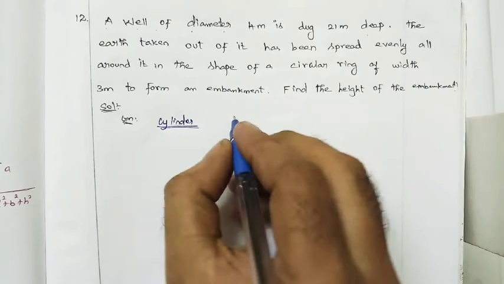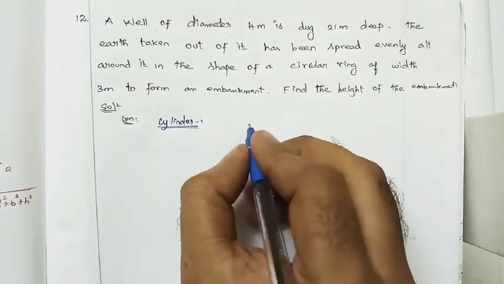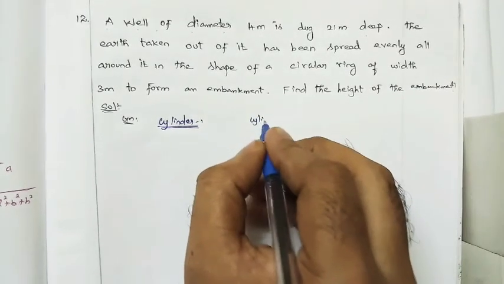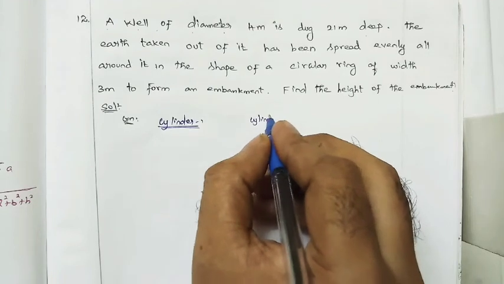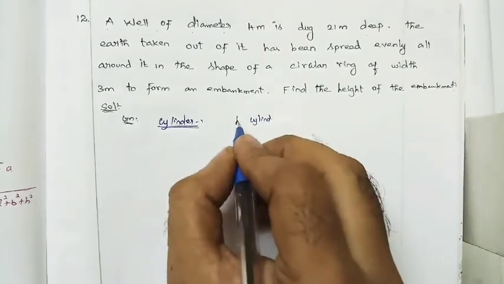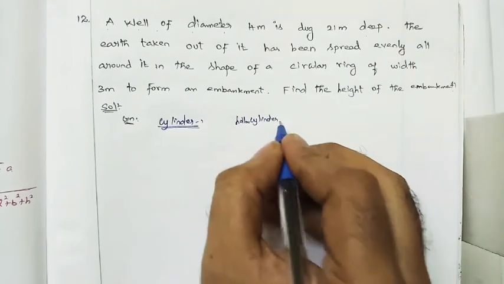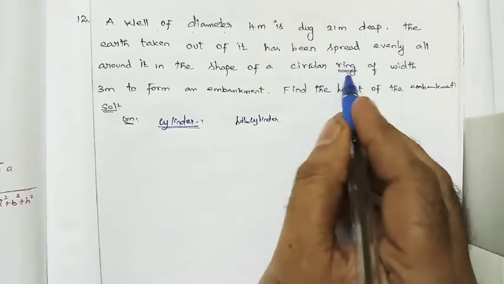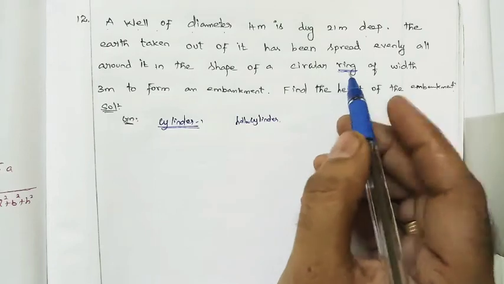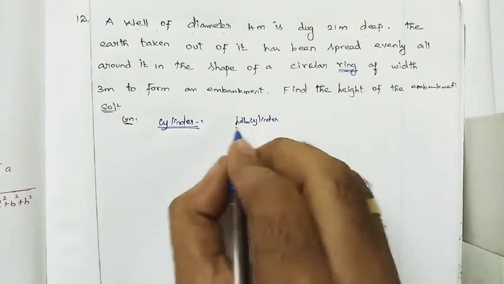So it's nothing but cylinder 1 and cylinder 2, the ring, a hollow cylinder. The 2D shape we call a ring, and the ring in 3D shape is nothing but a hollow cylinder, right?